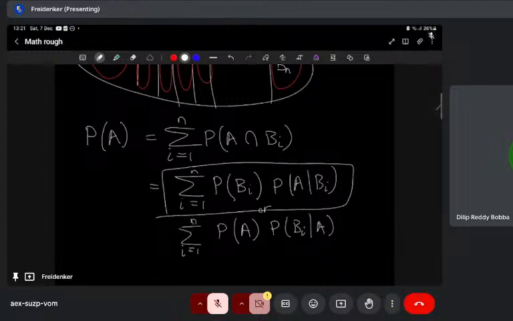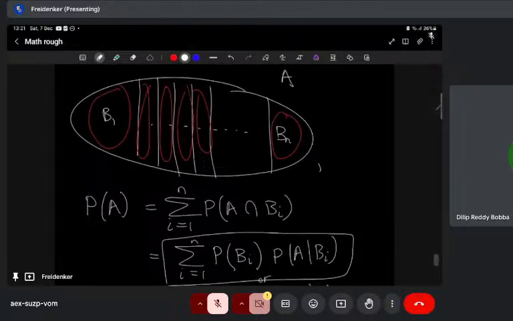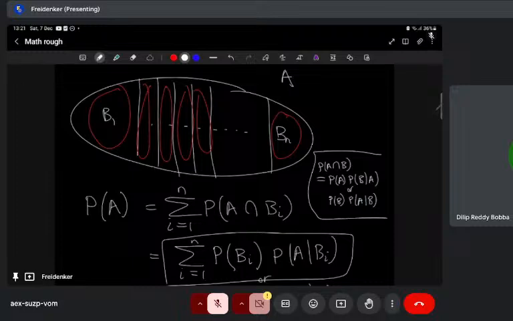We just used the multiplication theorem. It says that probability of A intersection B is equal to probability of A into probability of B given A happened, or it is equal to probability of B into probability of A given B happened. This is the multiplication theorem.